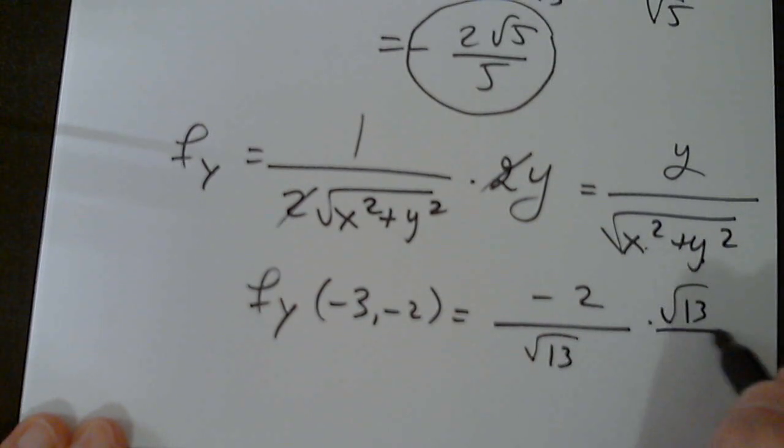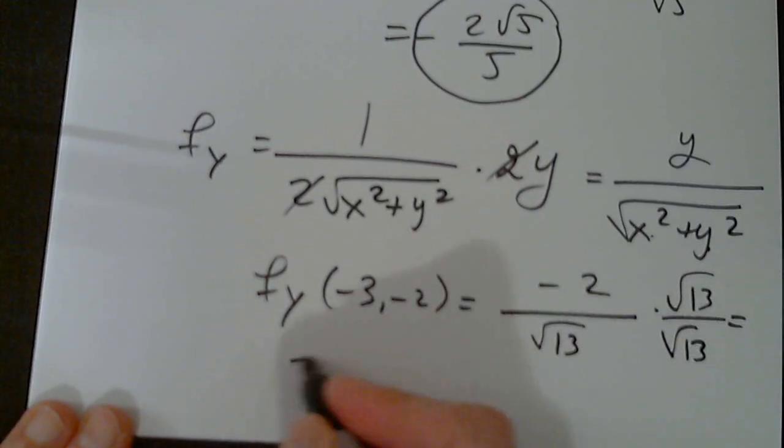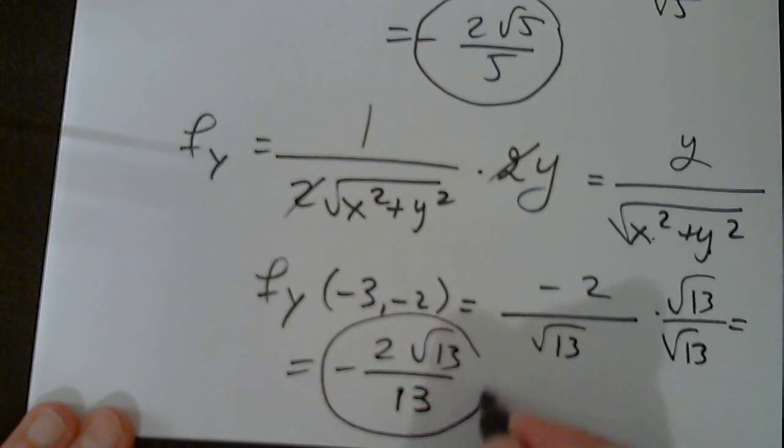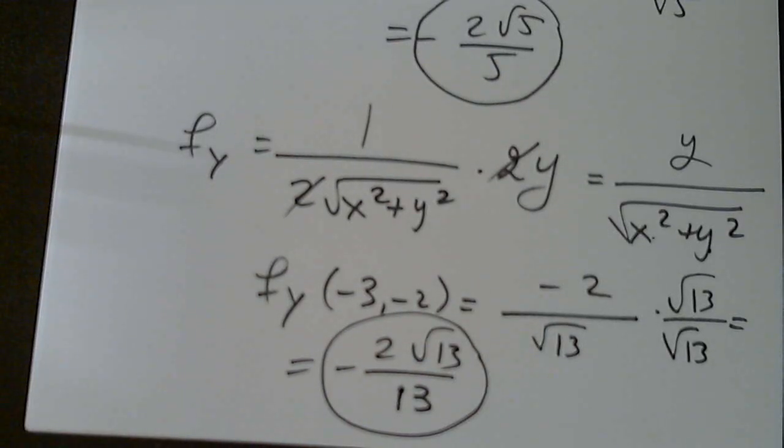The square root of 13. So -2 square root of 13 over 13. Very good. It was a nice example. Good. Next problem.